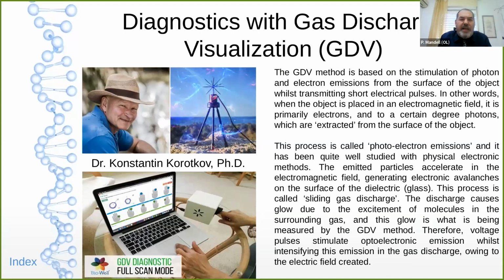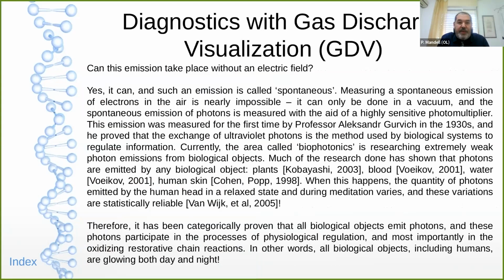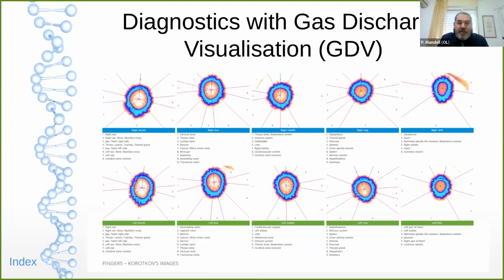Going now, not just with treatment technologies, but also diagnostics. I'd like to just touch base shortly on Dr. Konstantin Korotkov and his technology for diagnosing disease, the entire system called gas discharge visualization, and it's based on the Kirlian effect. Okay, we will skip over all this.